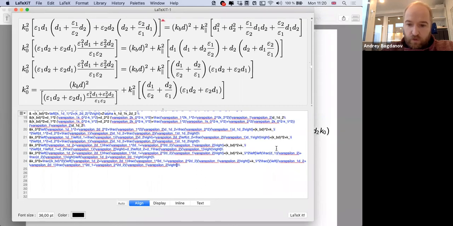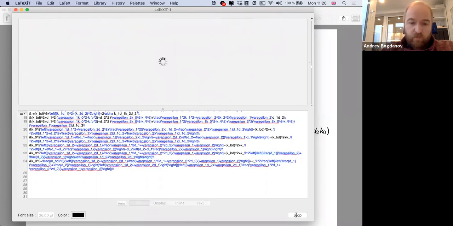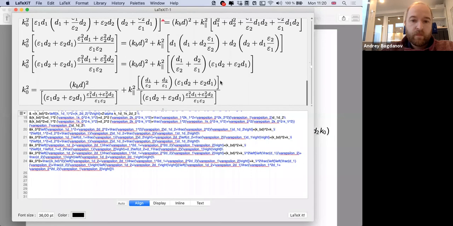In denominator this expression and in numerator the previous one. K square.